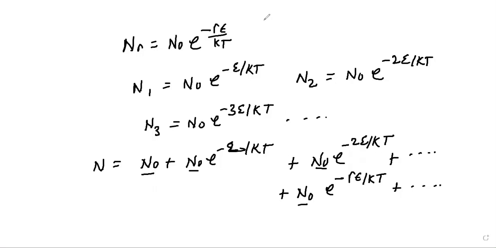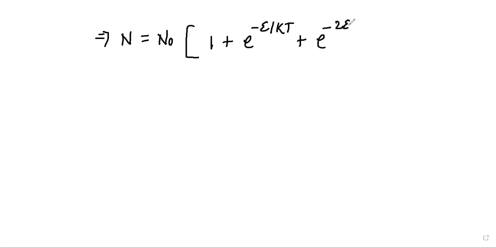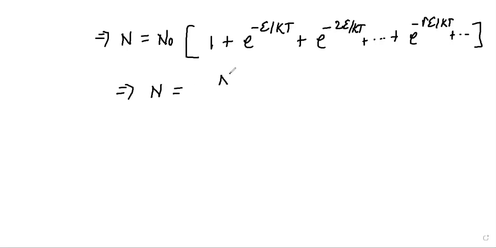So the total number of oscillators is given by N0 times 1 plus e to the power minus E by kT plus e to the power minus 2E by kT plus up to the rth term, e to the power minus rE by kT, plus so on. So we can write this as N, and this is N0. Here you can see this is in the form of a series where you have 1, then you multiply by e to the power minus E by kT.